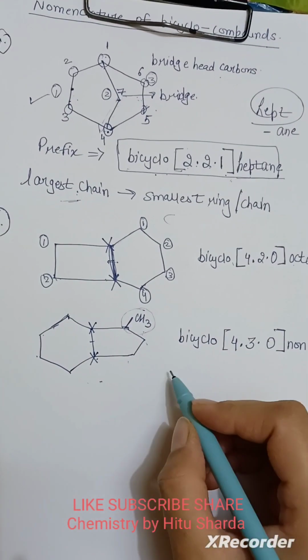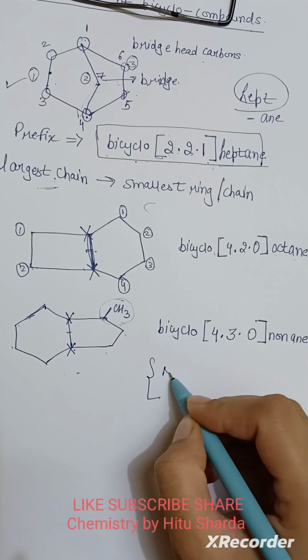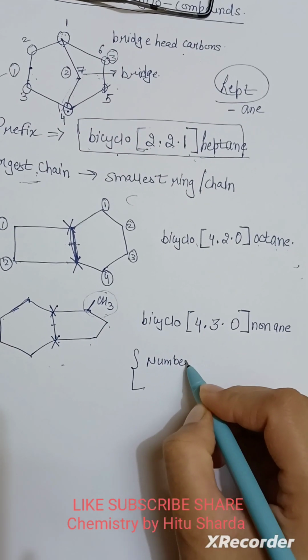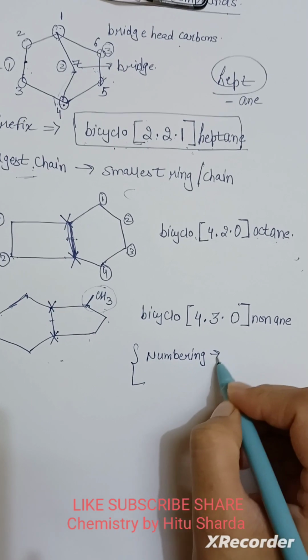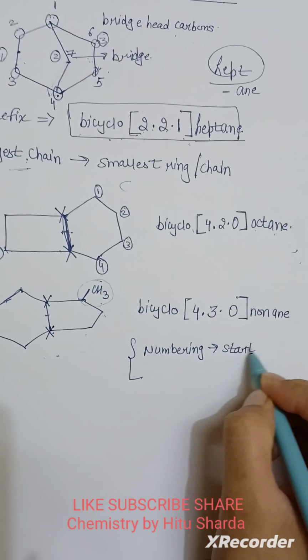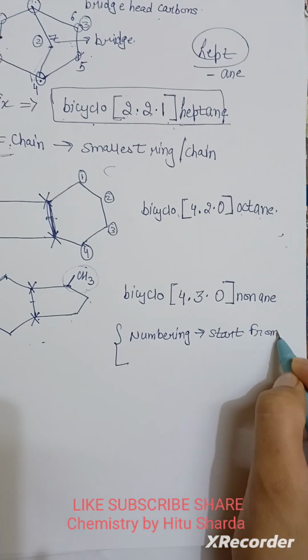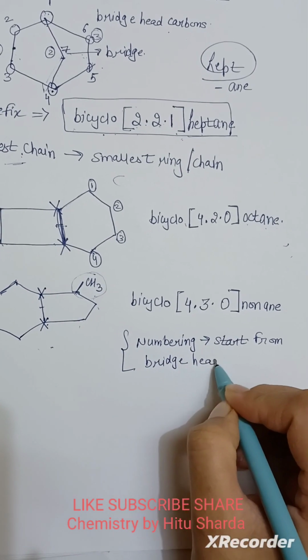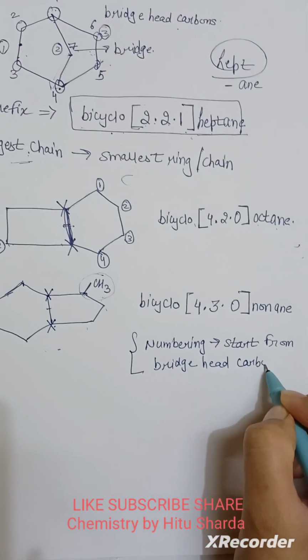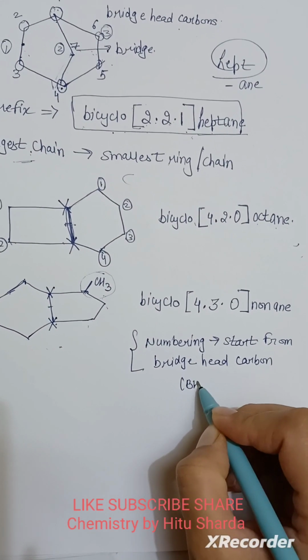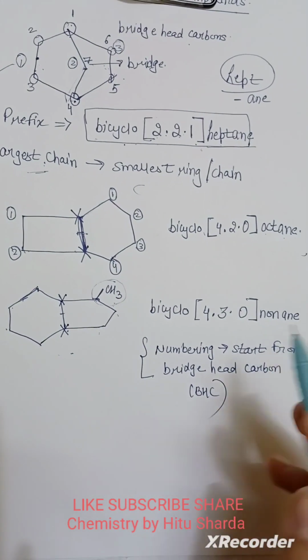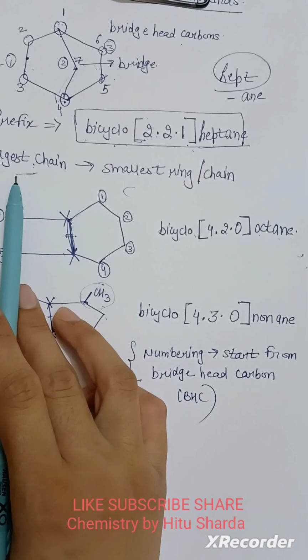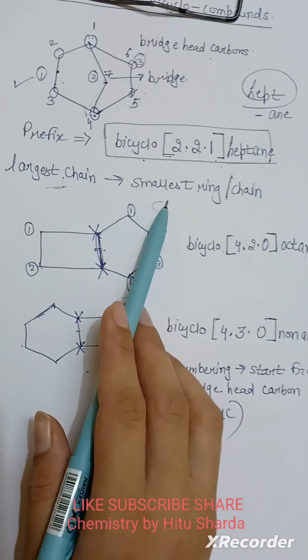Now what we have to do for the numbering of this methyl group. So there is a rule, you have to just note it down, that the numbering should start from the bridgehead carbon. Okay, that is BHC, and then you will follow the same criteria, that is from the largest chain to the smallest chain.